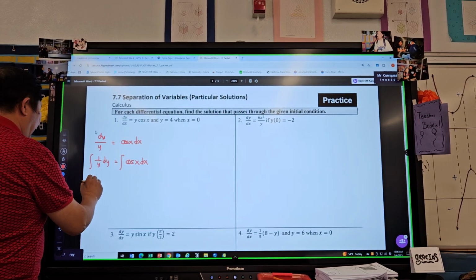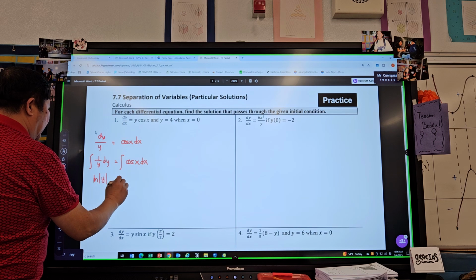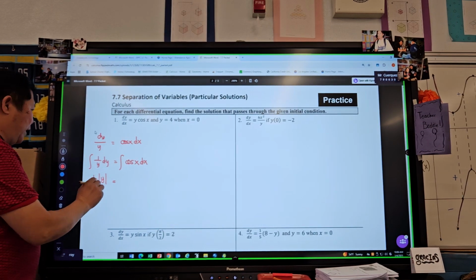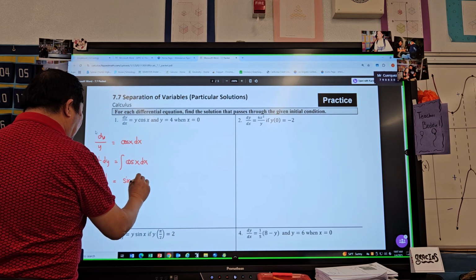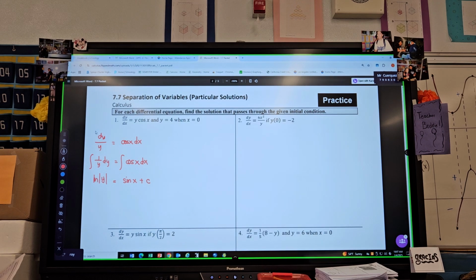So this is ln y is equal to, cosine is sine, okay? So sine x plus the constant. But what is the given condition? y equals 4, x is 0, and then when x equals 0.